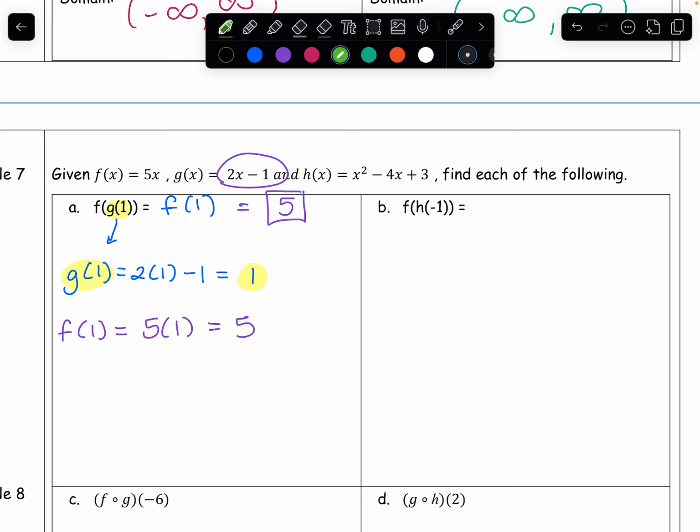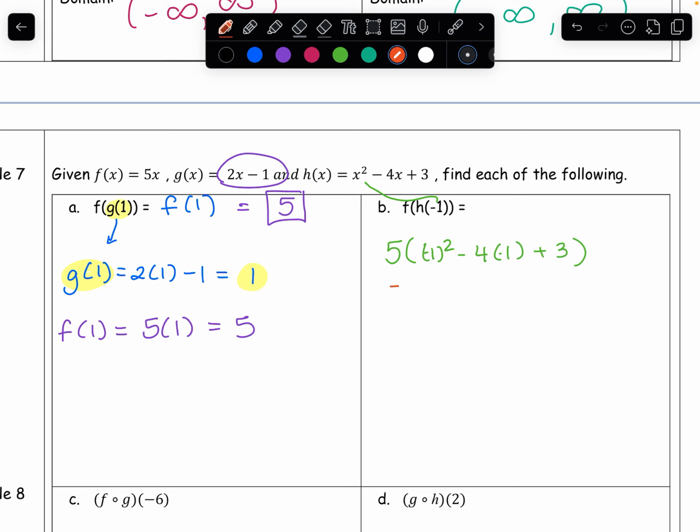The other way that you can do it is, here we go, we're working with the h function, we're plugging in, so 5 parenthesis 1 squared minus 4 times 1 plus 3. So what I've done is I plugged in negative 1 into the h function wherever there's an x, and I plugged that function in for x into the f of x function.